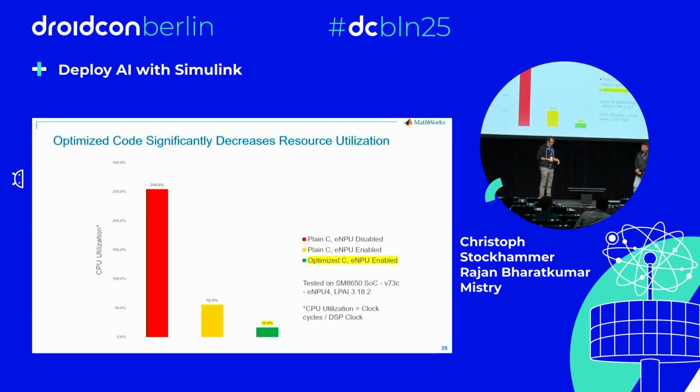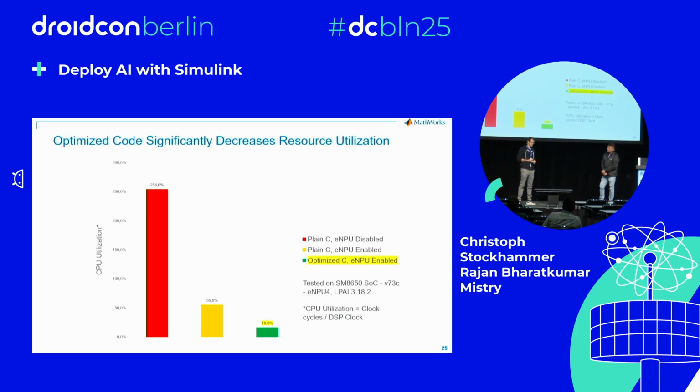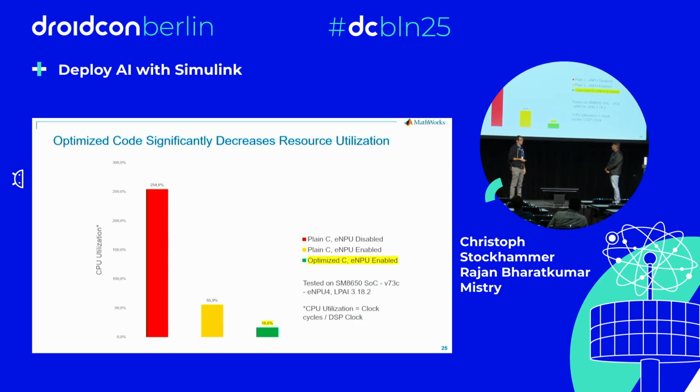And if you further turn on those optimization libraries that I was talking about, like HVX and QHL, we see about the same number we saw on the report, the 17% of utilization. So this is generating optimized C code for Hexagon plus offloading the neural network to the eNPU. So this shows the potential of generating optimized C code.